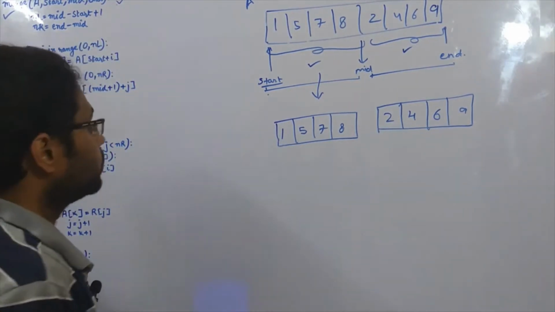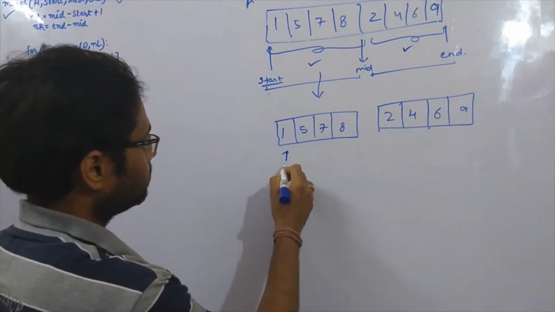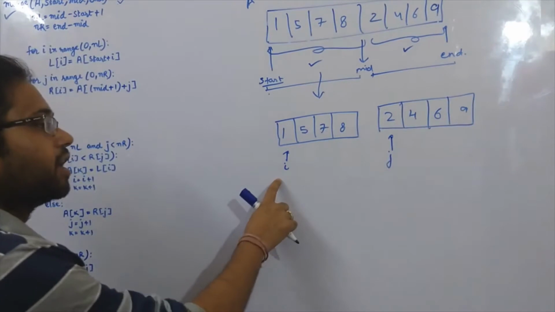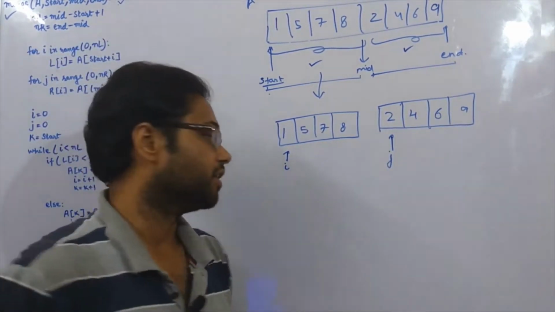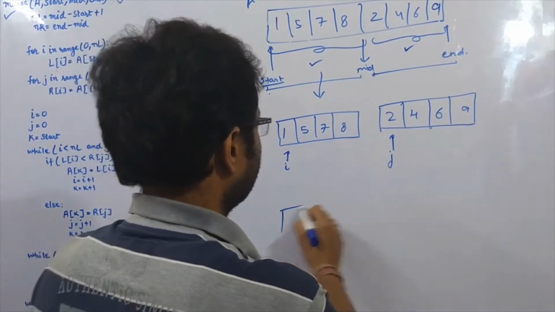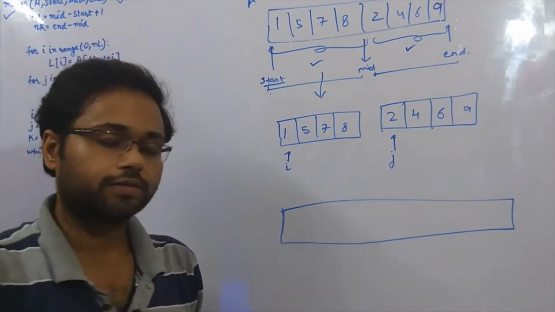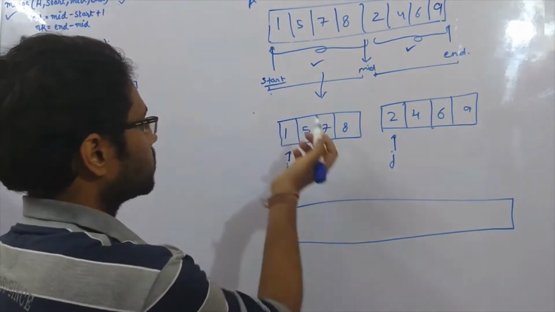Next we will introduce two variables i and j. This array will start from the i index and this one will start from the j index. In the merge procedure, our next step is to compare the elements.